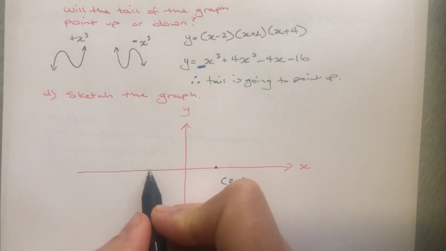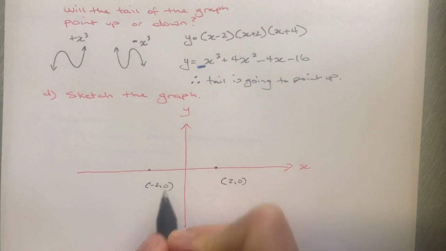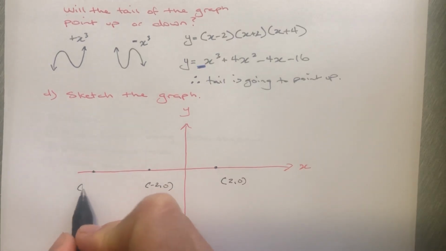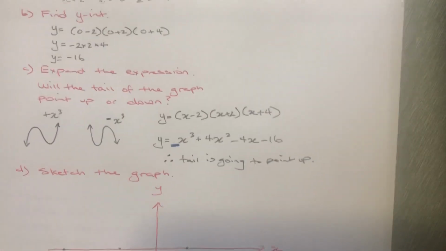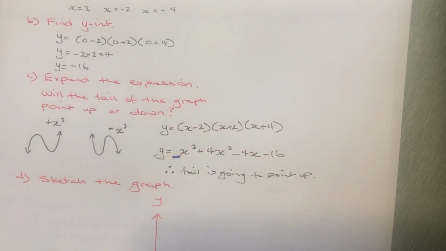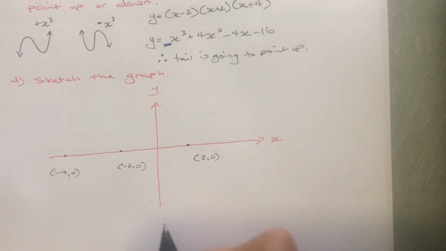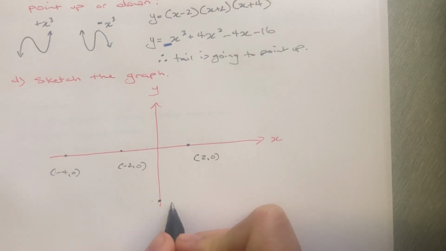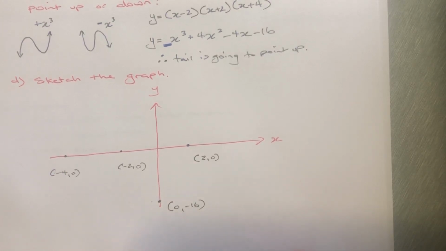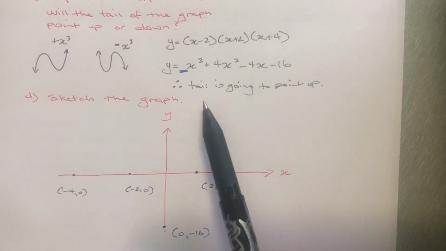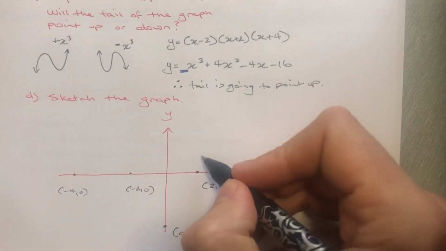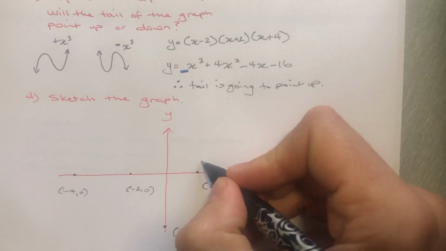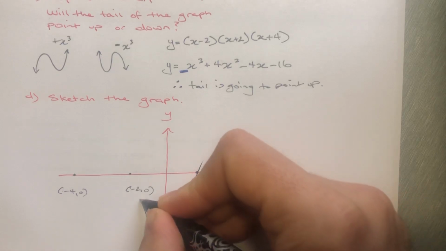There's 2, there's -2, and -4 as well. Now we also had the y-intercept of -16 that we worked out. So I'm going to put that in as well. Let's say it's down here. We also knew that because we've got that positive there, our tail is going to point upwards. I like to start with the tail just so I don't make a mistake there. So my graph should look something like this. It's going to go through there.